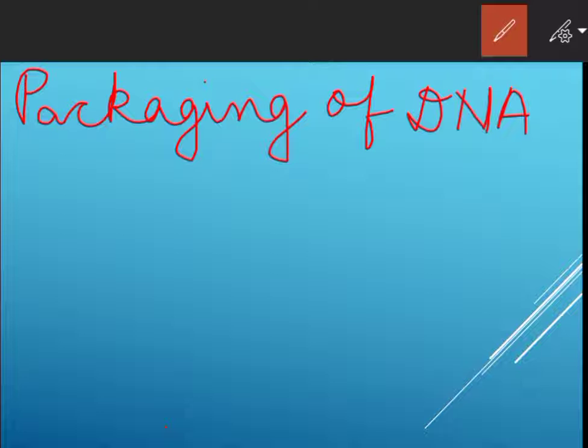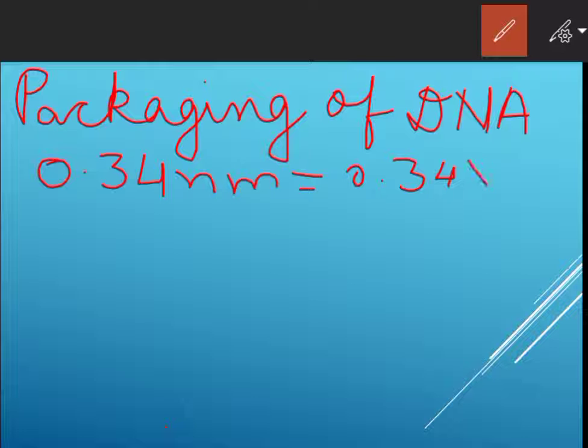Children, the length of DNA in humans can be calculated. Now you know that the distance between two consecutive base pairs is 0.34 nanometer, that is equal to 0.34 into 10 raised to minus 9 meter.